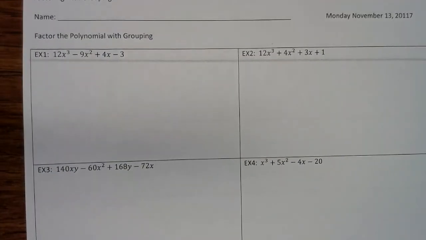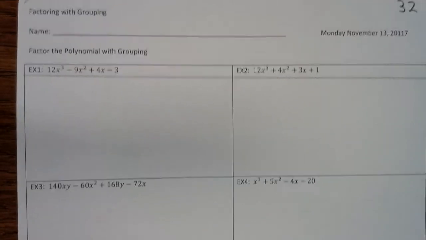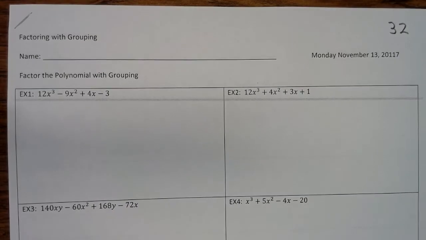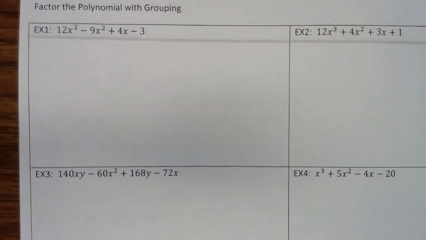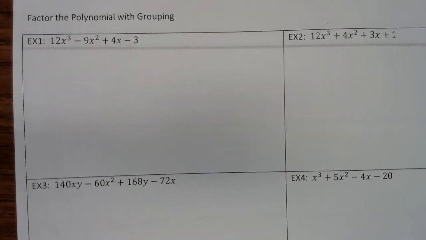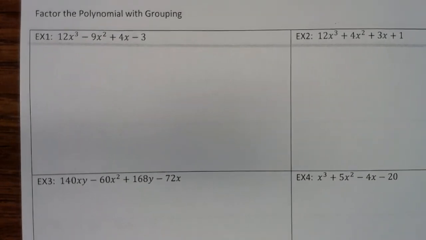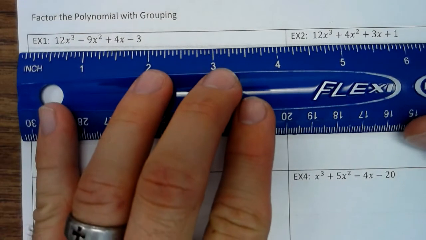Let's take a look at the examples. Examples on page 32, and let me zoom in to see it better. Example 1. Factor the polynomial with grouping. Again, it's going to be helpful to draw some lines to keep your work organized.